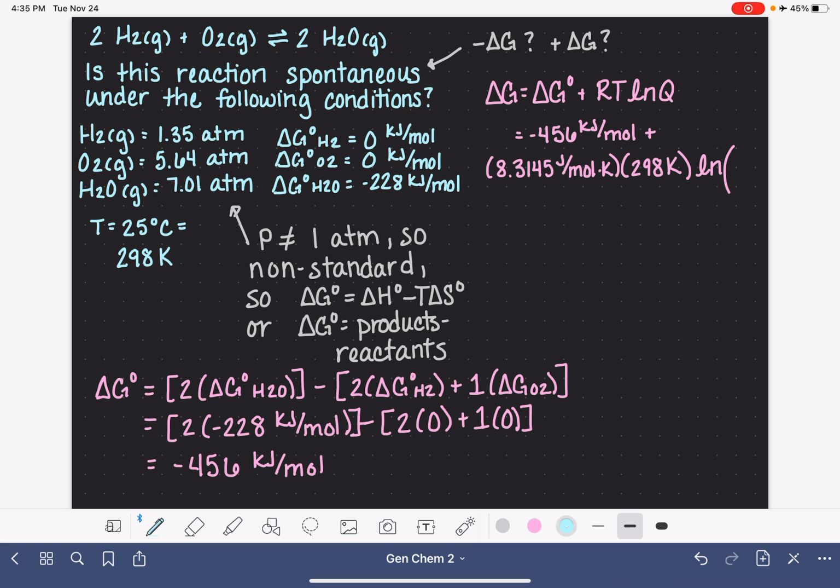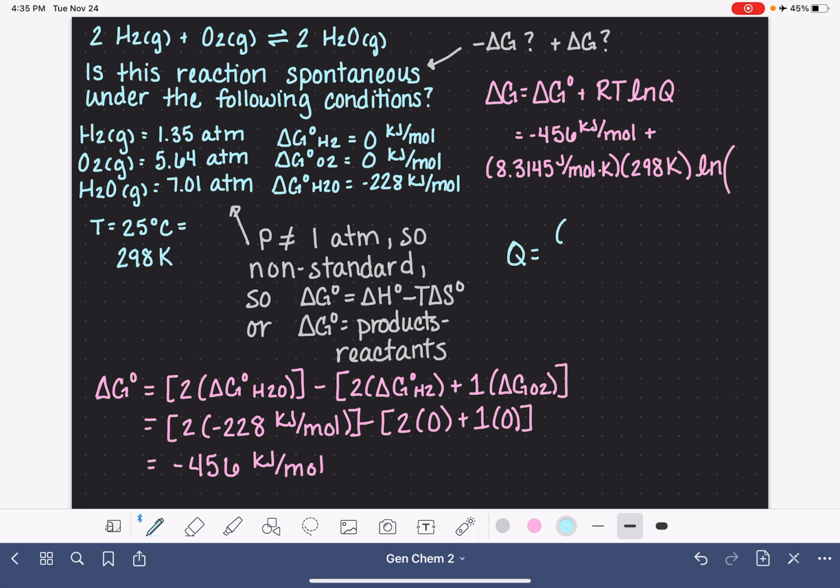Q, if you recall, is calculated the same way that we would calculate an equilibrium constant. So this is going to be products over reactants in the fraction form, each one raised to their stoichiometric coefficients. The data that we have to calculate Q is a whole bunch of pressures, the pressures of all of these gases.